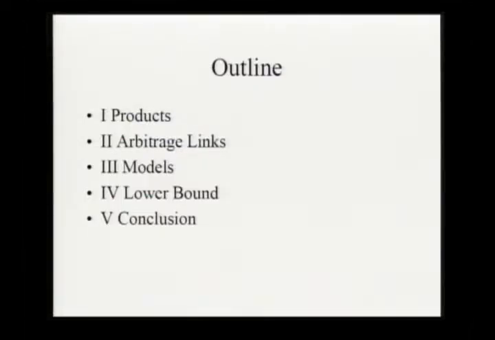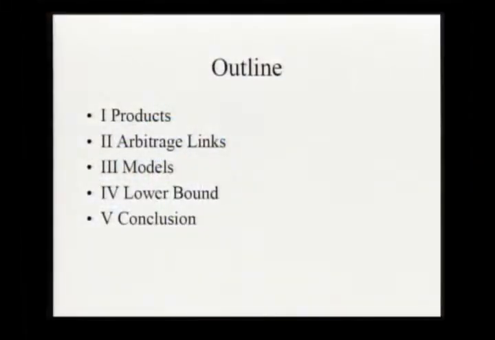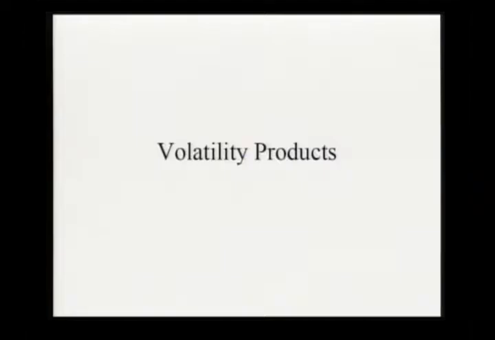Essentially some are based on historical volatility, other ones on implied volatilities, and showing some arbitrage links and models that have been used, and something especially focused on the options on realized variance before concluding. So let's start.